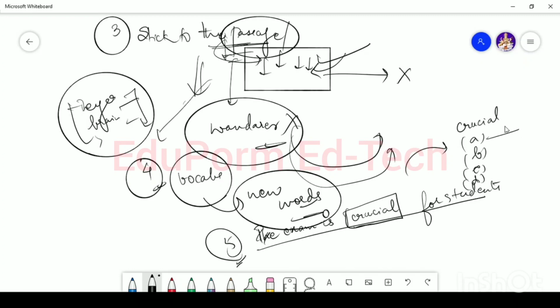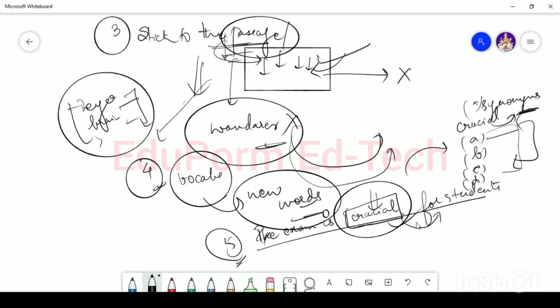And they ask you for the synonym of crucial, or they ask you to choose the synonym of crucial from four options. Now the problem is that you do not know the meaning of crucial. So what you have to do is read the sentence before and after this word, and try to relate the meaning. So okay, they are saying that the exam is crucial for students.